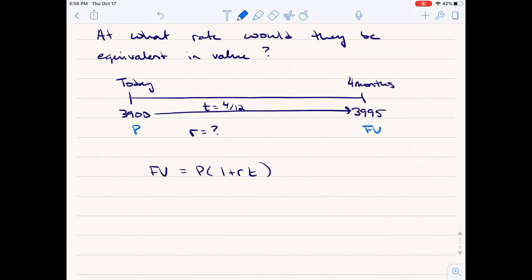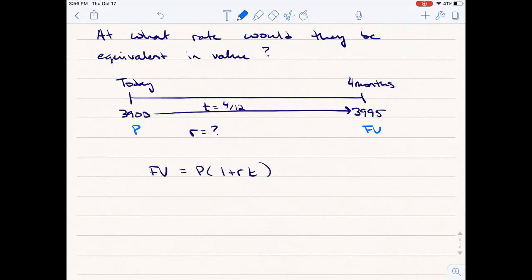I thought the 3995 was the current value because they want it cheaper in the future. You could go that way. But because we didn't go that way earlier, I'm just going to stick to the same. But you should arrive at the same answer if you did it that way. Right?